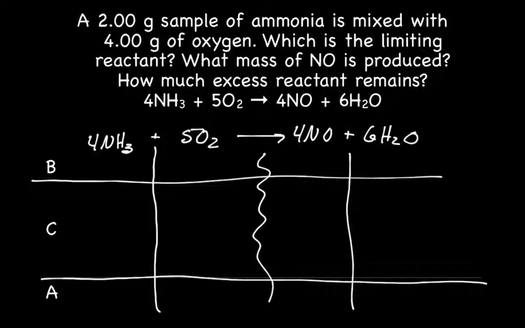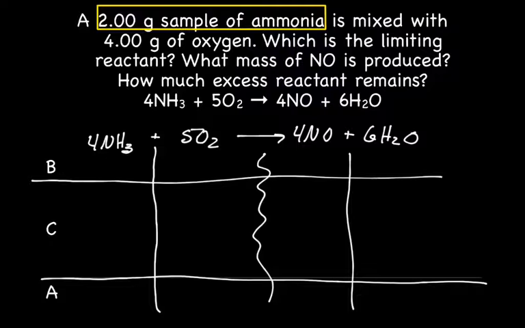All right, so now if we look at our given, we're given grams of ammonia and we're given grams of oxygen. So first thing we're going to need to do is turn that into moles. Let's start with the ammonia. By the way, ammonia is NH3.